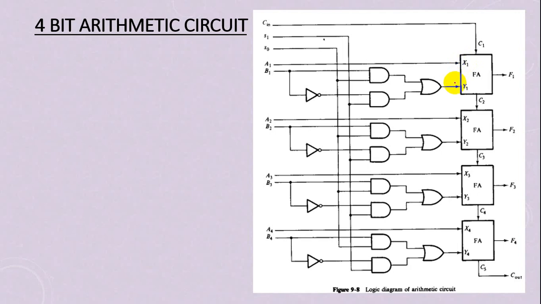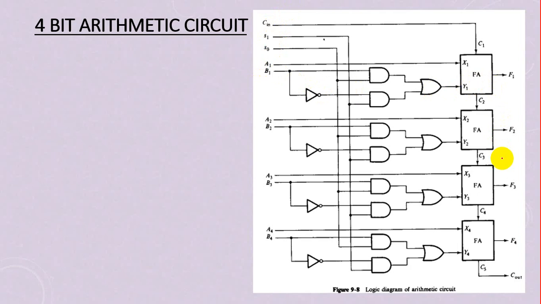X equal to A and y is the modified B. This is the circuit of y that comes from B. At each input of B, we replace it with Y. And this is the selection pin, S0, S1 and carry in. Depending on the selection pins S0, S1 and carry in, the modified B will be applied at the input of Y, and that particular operation will get performed.